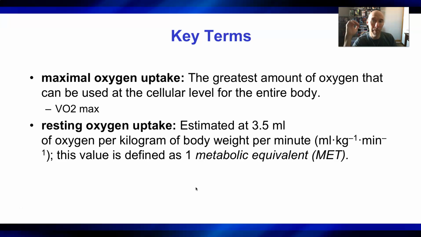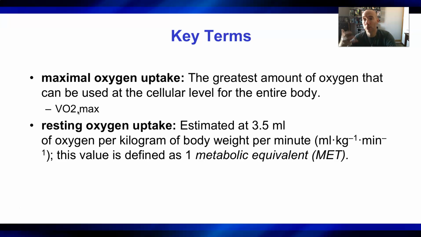So again, that maximal capacity is what we refer to as maximal oxygen uptake, and the symbol that we use to write that in shorthand is VO2 max. Okay, VO2 max is generally recognized as the gold standard for aerobic fitness, for exercise capacity, for functional capacity.